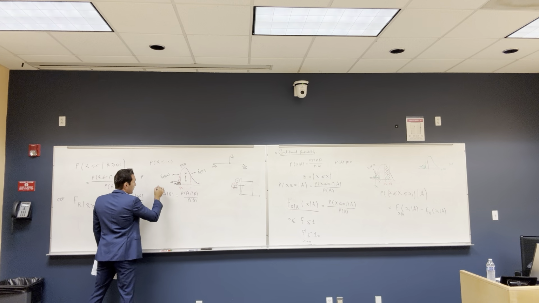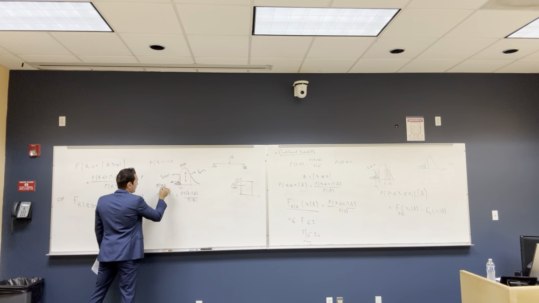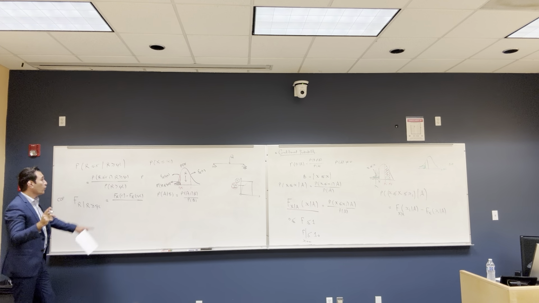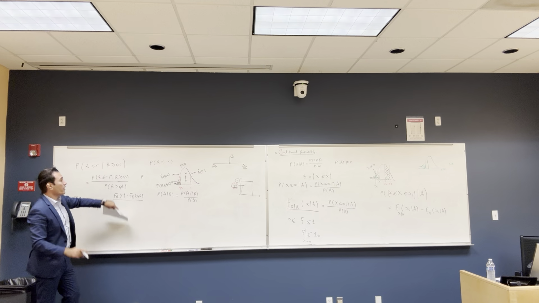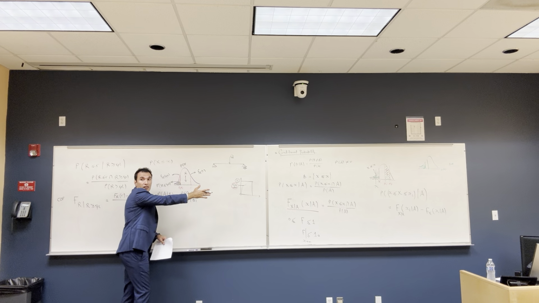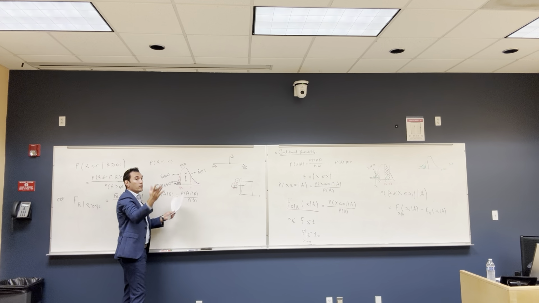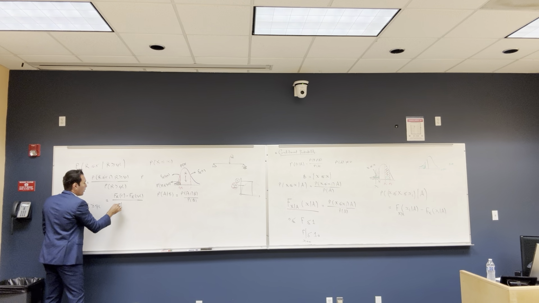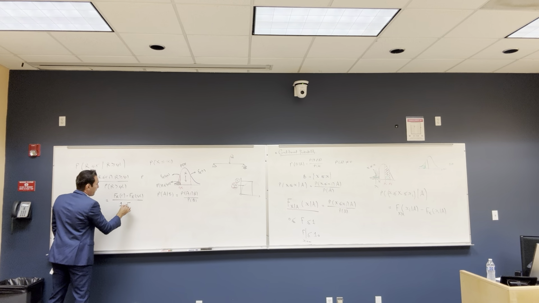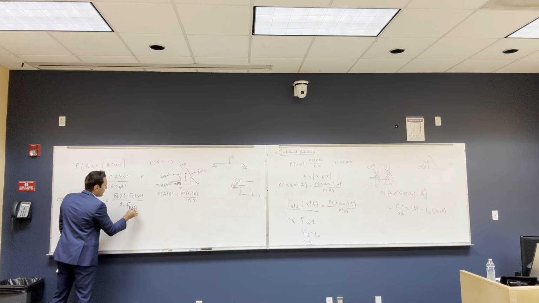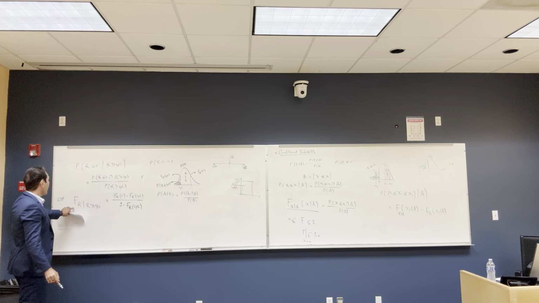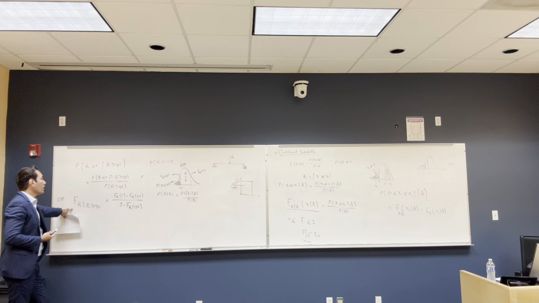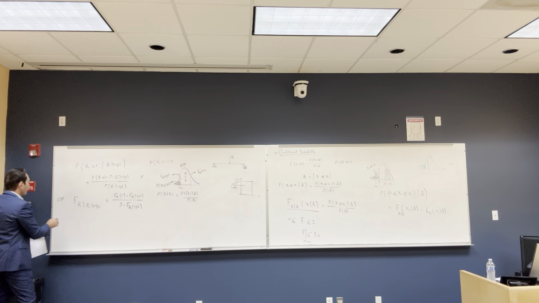This part is RBL. If you're looking for R more than RBL, it is the rest of the distribution, and the whole distribution is 1, so this part is 1 minus FR of RBL. So right now I have F, but I'm not looking for the CDF, I'm looking for the PDF.